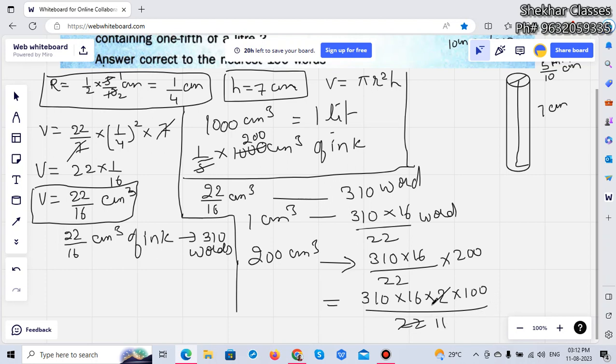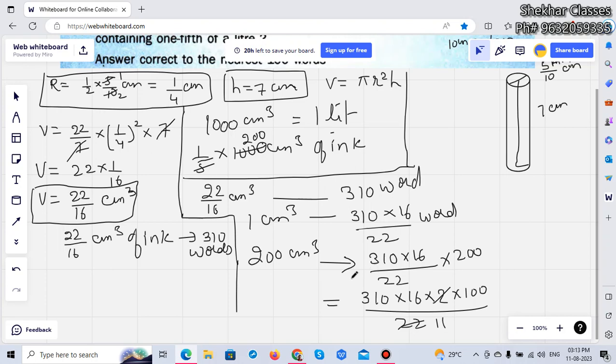Can 310 be divided by 11? No, it will not. So we have to multiply and divide finally. So it will be 310 into 16 into 100, and then everything divided by 11.